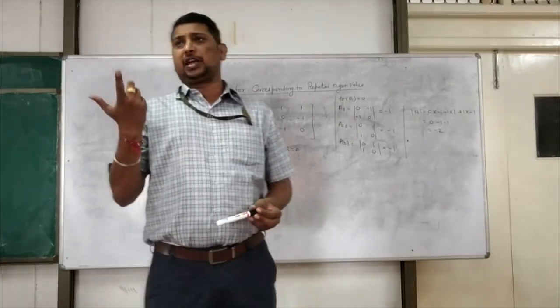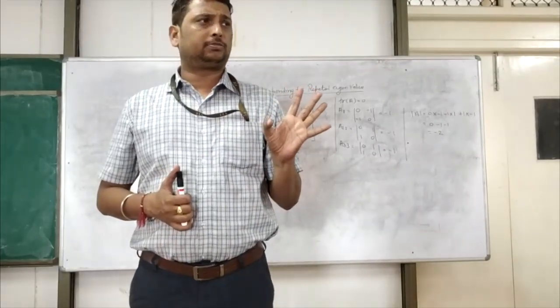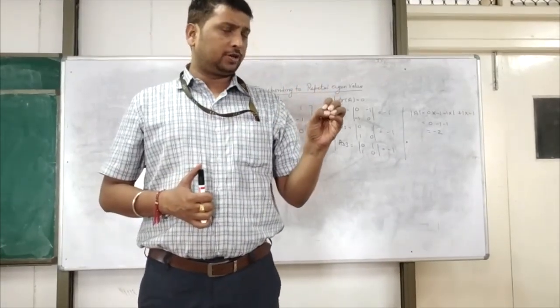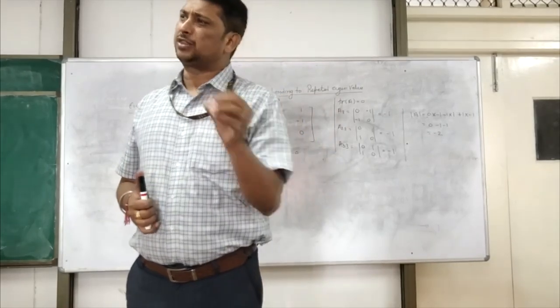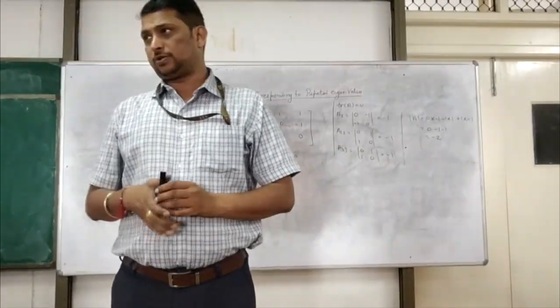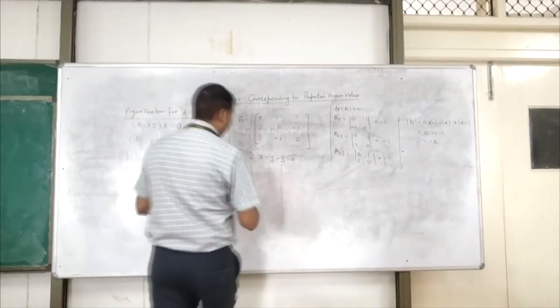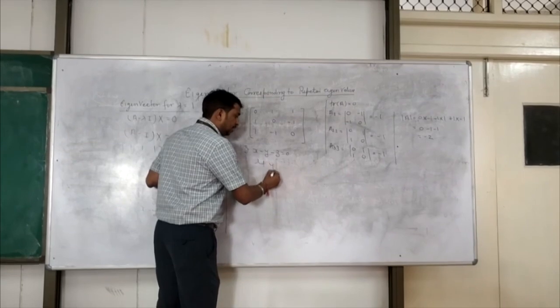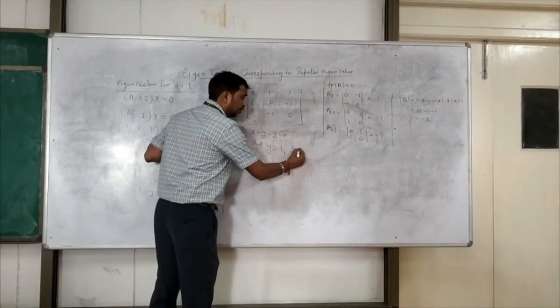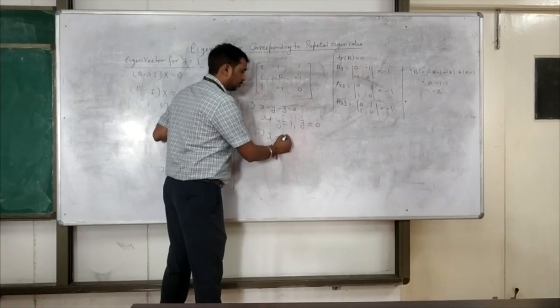Two variables are free. Take any two values of your choice, whatever you want, just ignore taking both 0. Suppose we take y is equal to 1, z is equal to 0. So what is the x value? 1.